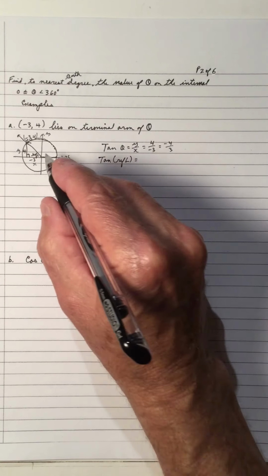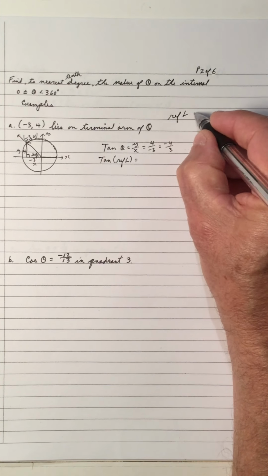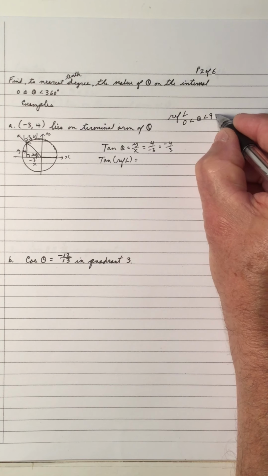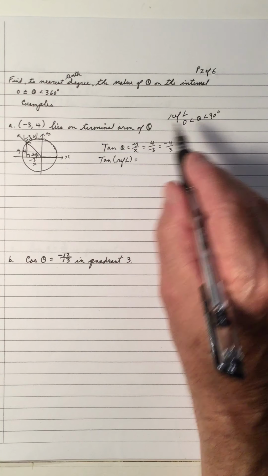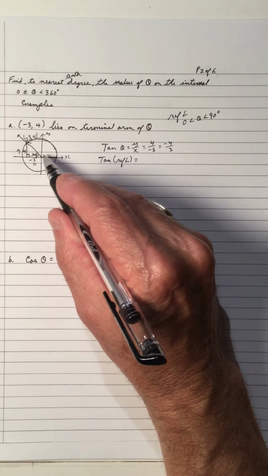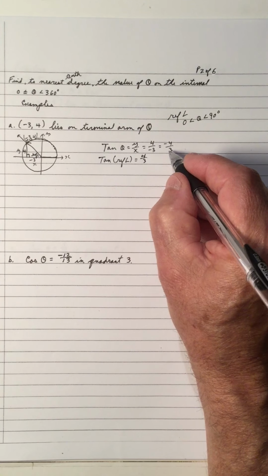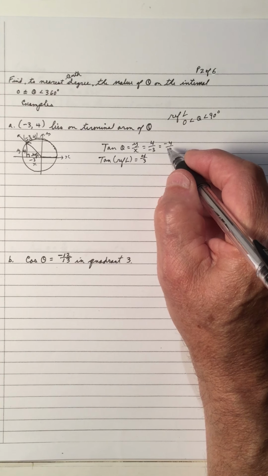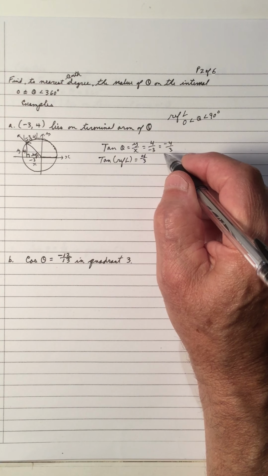The reference angle is always the angle between 0 and 90, so in a sense it could be the angle that's in the first quadrant. And if it's in the first quadrant, then it's a positive ratio, 4/3. Notice this is the y over the x.